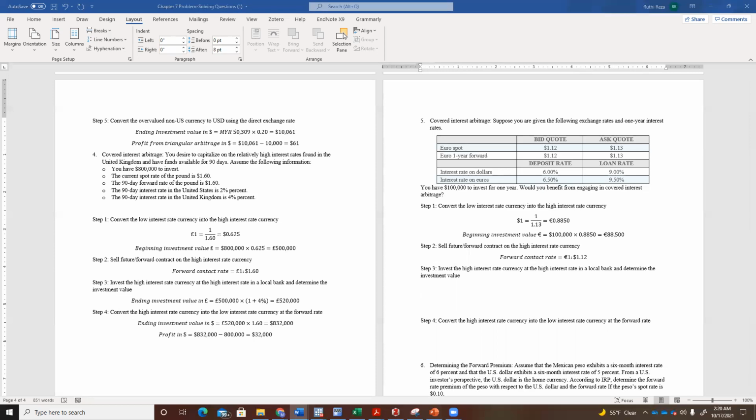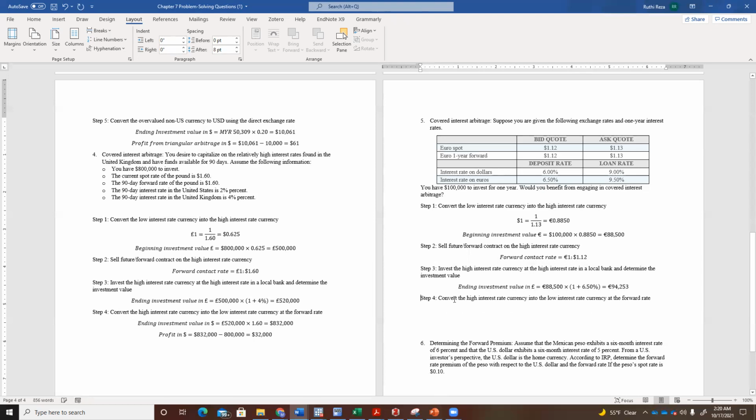So at 6.50%, our investment value is €94,253.53 euro.